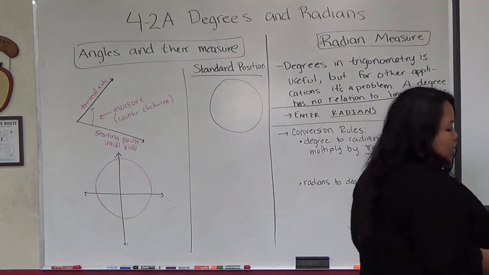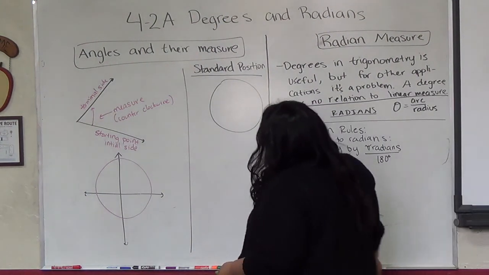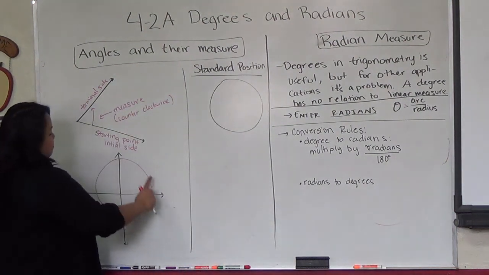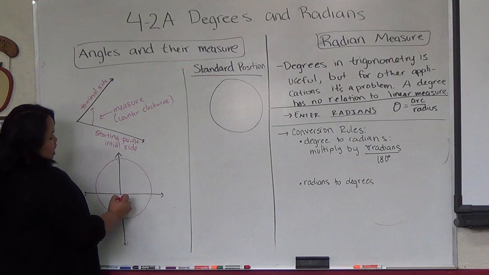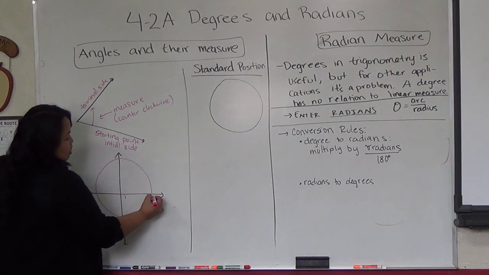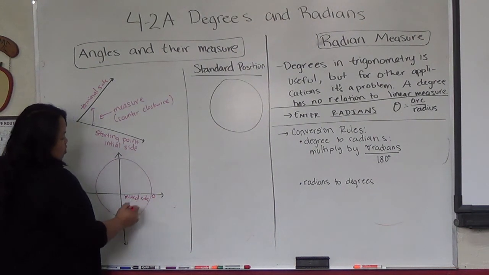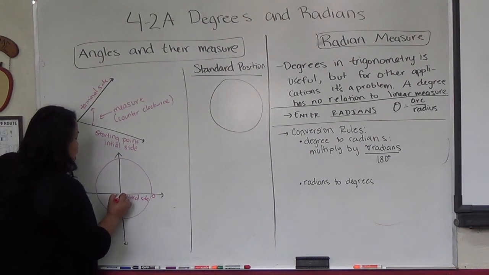So basically when you're dealing with the graph, your initial side will always be at 0. Right? And then your terminal side will be wherever it is on the circle.